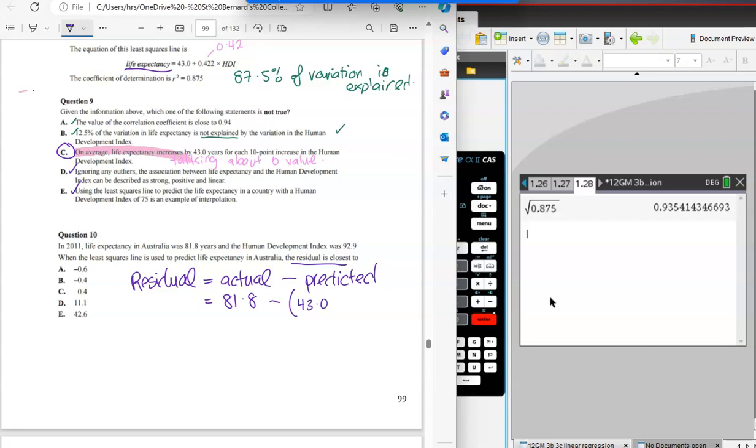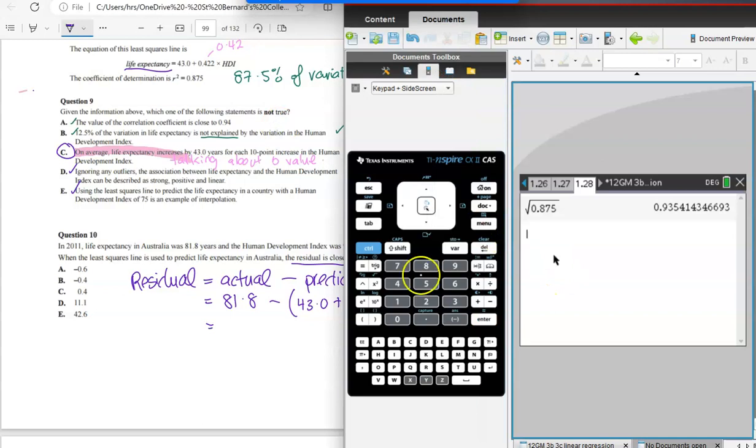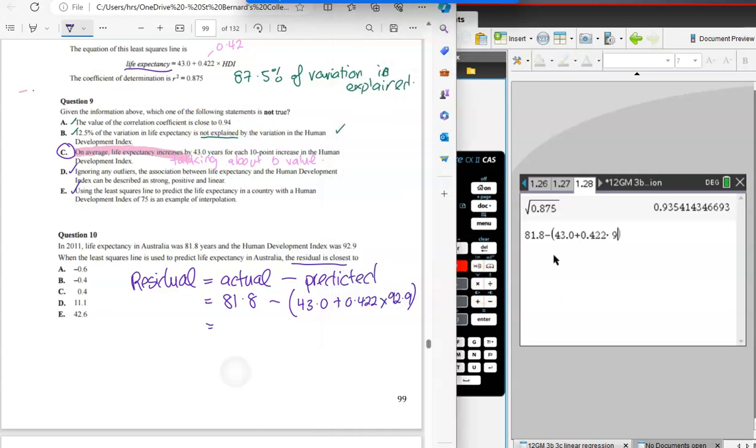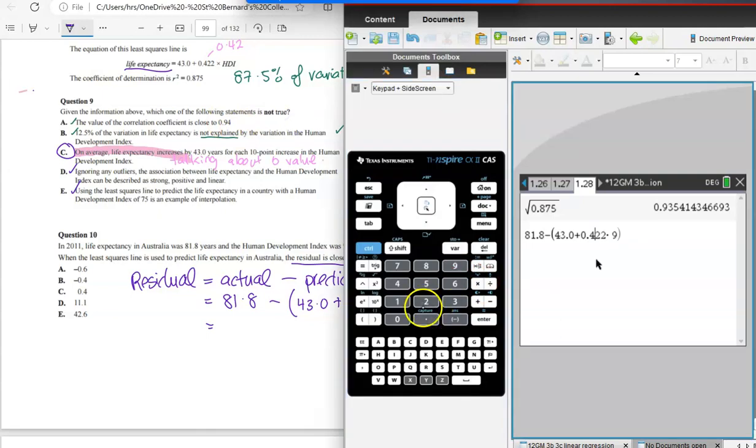So 43.0 plus 0.422, and I have to times it by HDI, which they told me was 92.9. So then I can get the residual. So 81.8 minus, put the predicted one in a bracket, like what I'm doing, otherwise your calculator might, what was the 92.9?